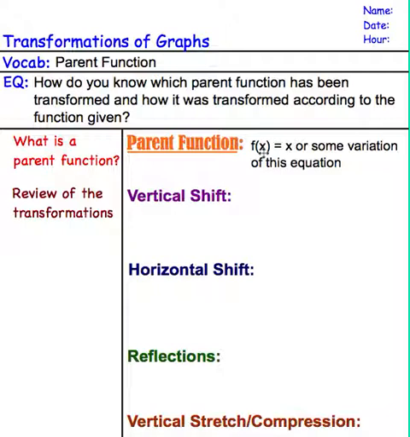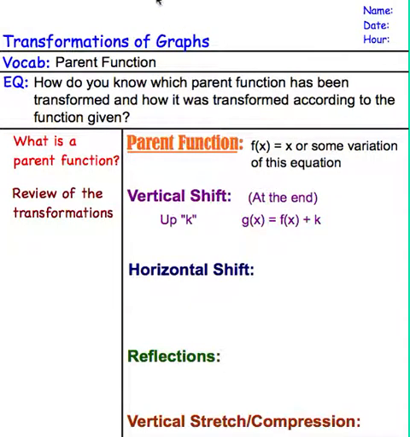The first one is if you have a vertical shift, you're going to know because it's going to be at the end of the function. You're going to see that basic parent function, and then you're going to have it at the end of it. So if we see a g of x as being that original f of x plus some value of k, that means we are going to go up k.